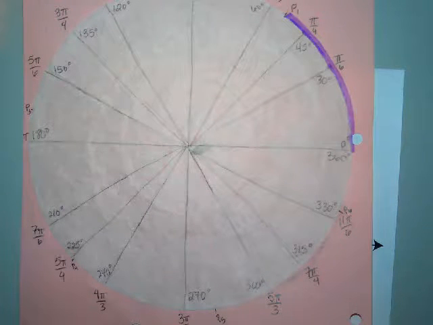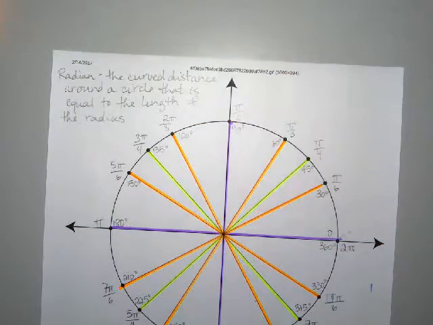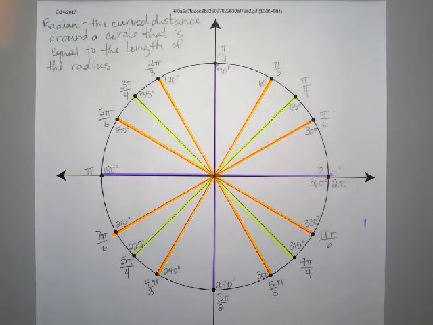I already know that the 30 degrees is pi over 6 radians, but I want to show you how that actually works. 30 degrees is what fraction of the entire circle? If I take my 30 out of my 360, that's going to give me the fraction of the whole circle. So to convert it to radians, what is a whole circle in radians? 2 pi. So you apply that fraction to 2 pi.